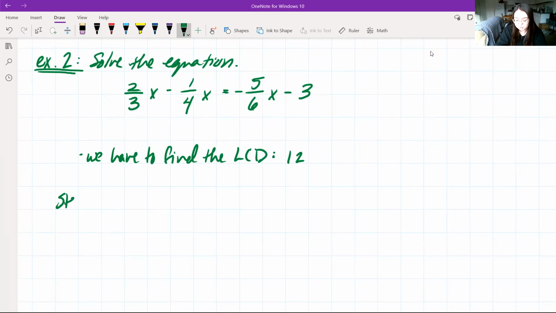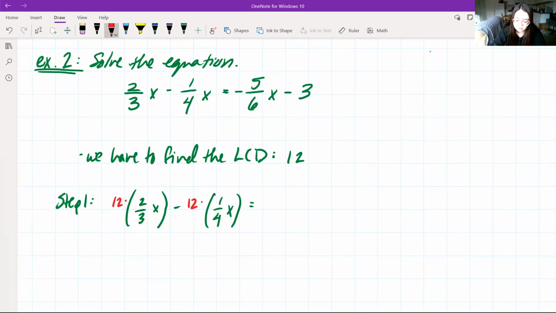This falls under step 1 because we're getting rid of our fractions. We're clearing our fractions. So we're taking 12 and multiplying it by 2/3 x, by 1/4 x, by -5/6 x, and we're also going to multiply it by 3.